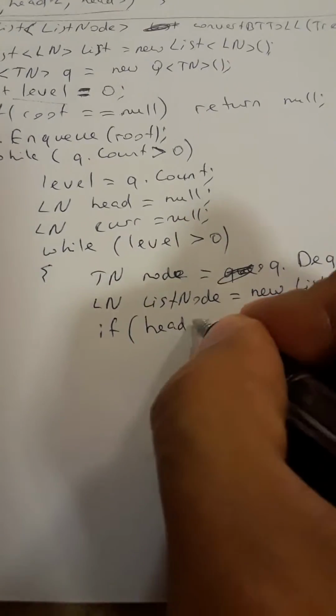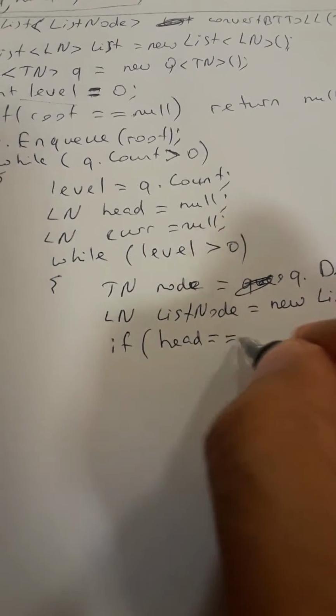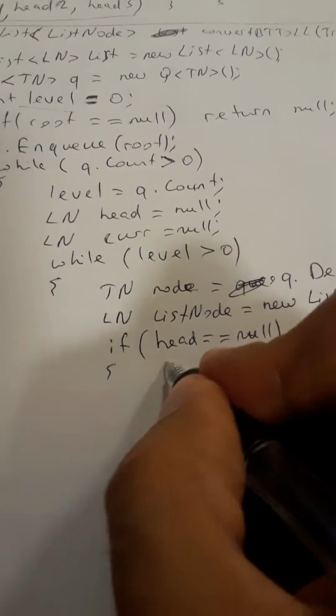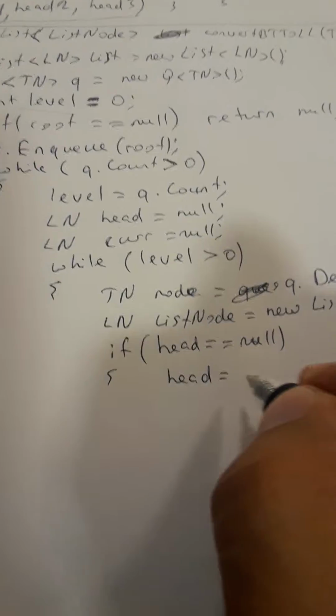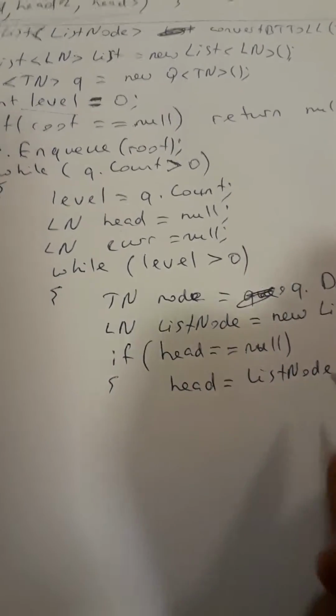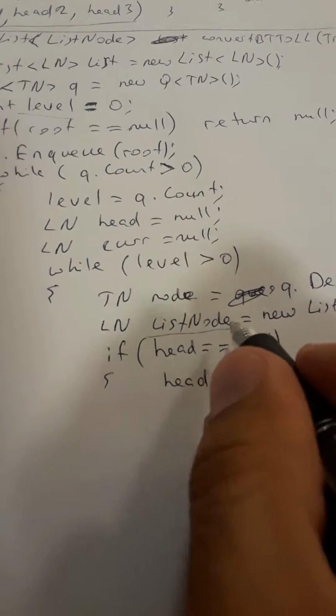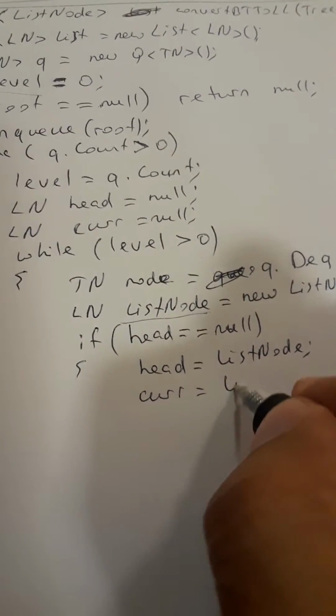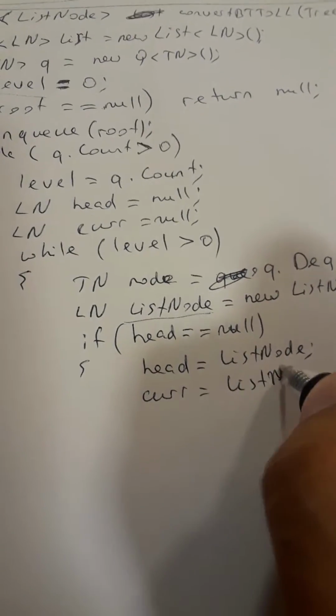So if header is equal to null, then our head will be equal to the list node that we just created here, and also our current will be equal to list node.